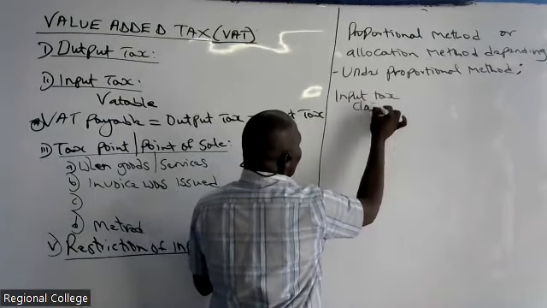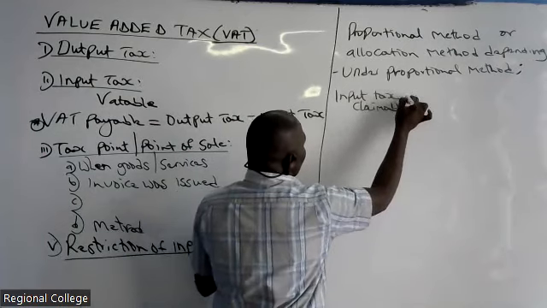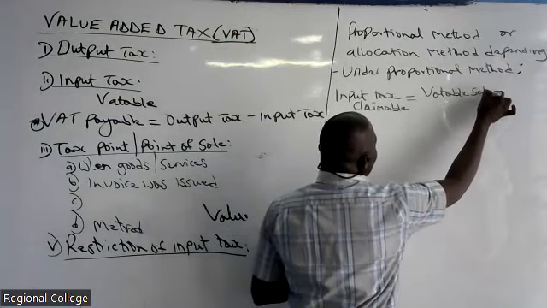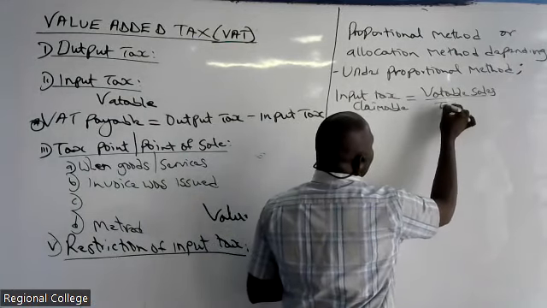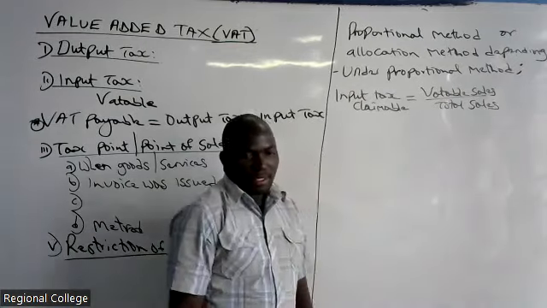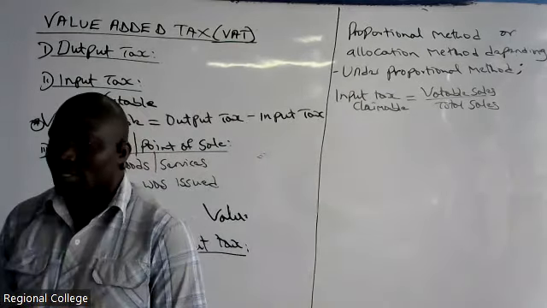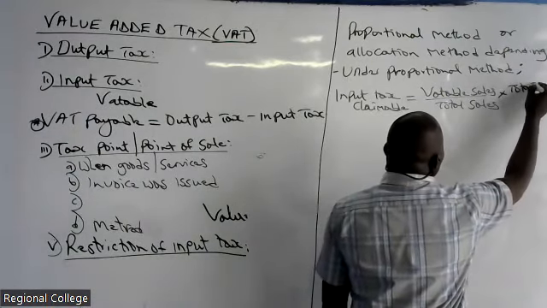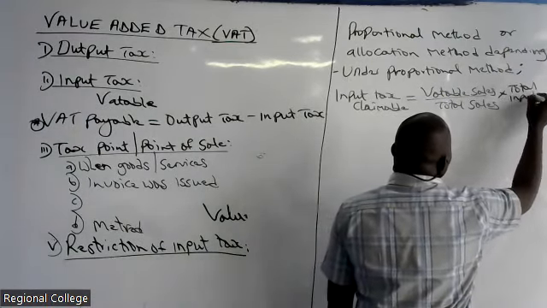Input tax claimable equals taxable sales divided by total sales. You multiply by total input tax.